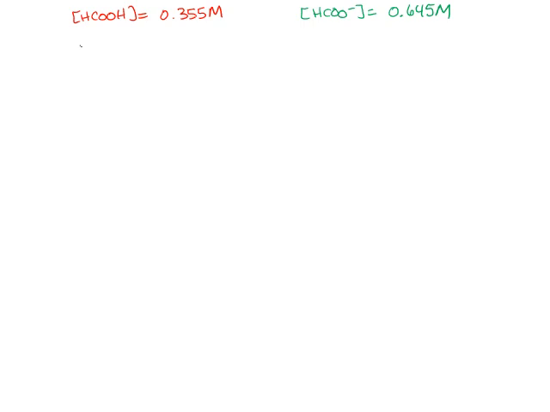We also know that the total solution volume is going to be 1 liter. If we remember from the definition of molarity, molarity is the moles over the volume. So if we solve that for moles, we'll get concentration times volume. So we'll use this equation to go from concentration of each species to moles of each species.